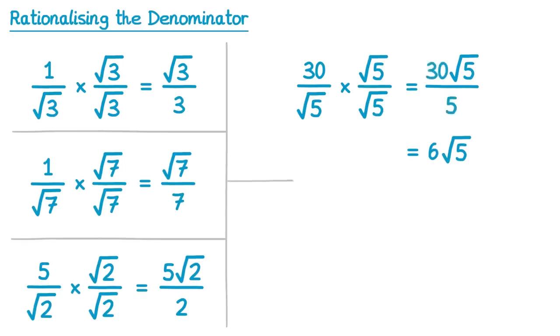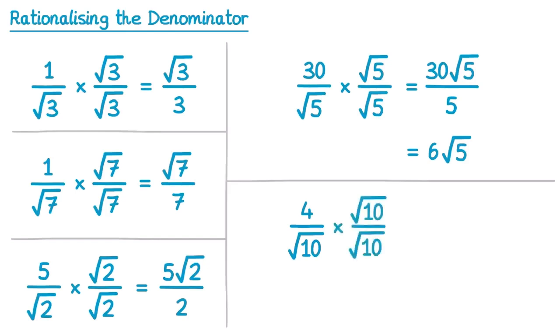Let's try another one. So for this one, we're going to do 4 over root 10. So we multiply by root 10 over root 10. On the top, 4 lots of root 10 is 4 root 10, and on the bottom, root 10 times by itself is 10. Now we can look at the 4 over 10 here to simplify, but 4 divided by 10 doesn't give you a nice integer answer this time.